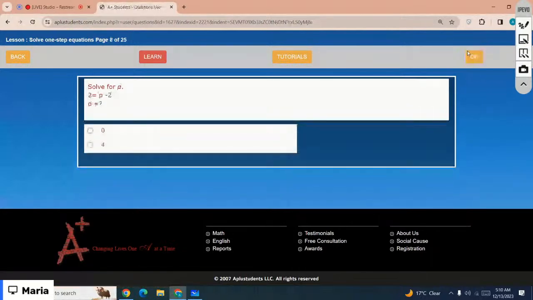The next one is solve for p. Which is the correct option? The correct option is p equals 4.